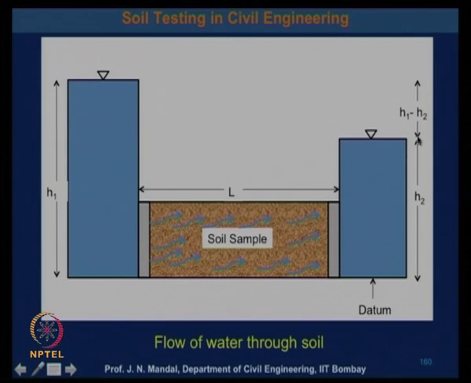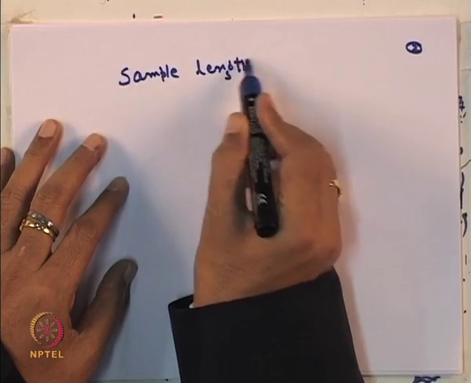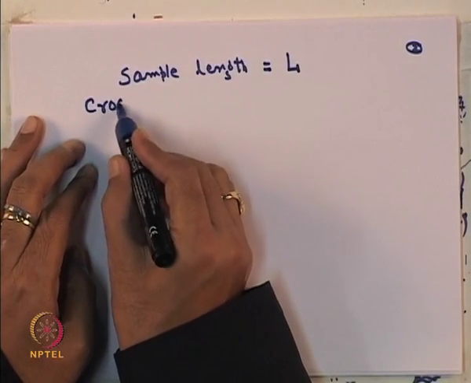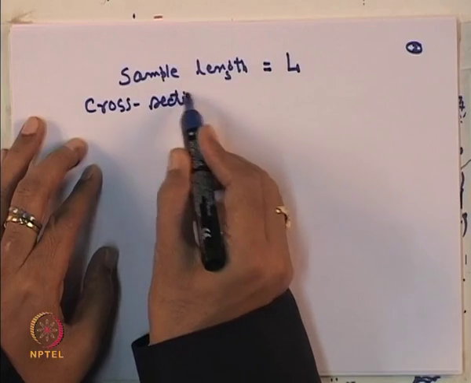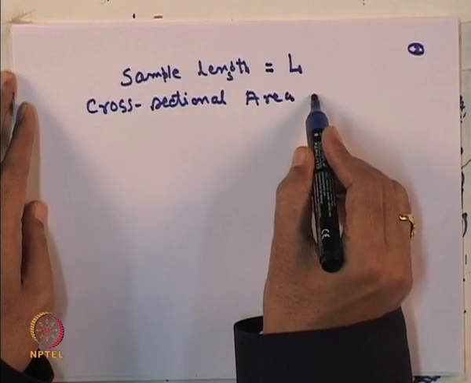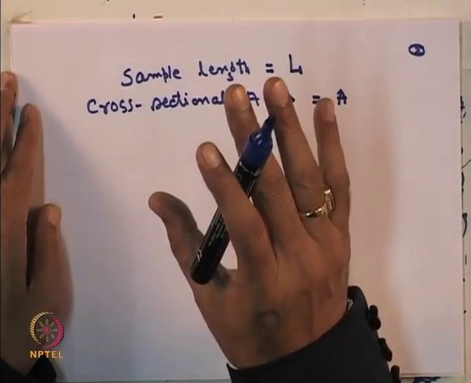If a soil sample of length L also has a cross sectional area, suppose A, I am just representing here that the sample length is equal to L, and cross sectional area is equal to A, and it is subjected to different heads.